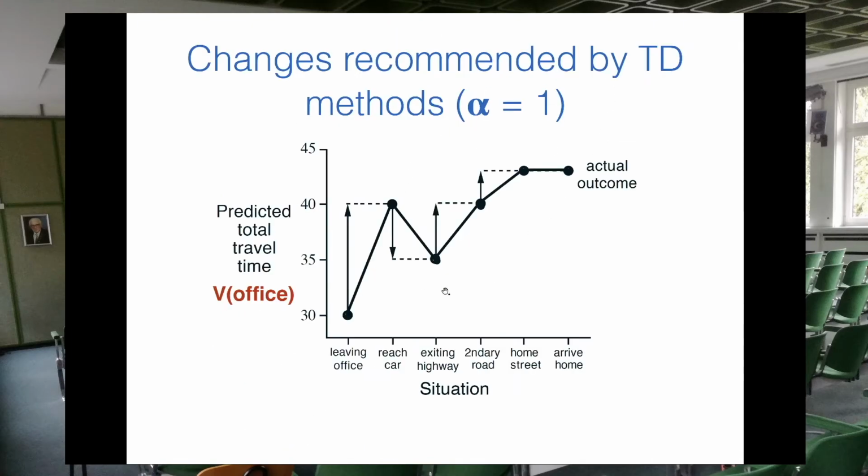So in other words, with temporal difference, after transitioning from one state to the other, we can update our estimate of the value of that state, which in this case is the total amount of time that you need to reach the final state.